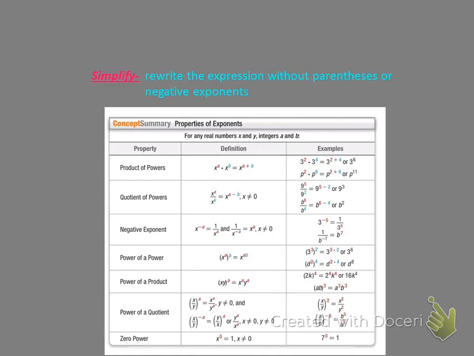If you peek ahead, the next slide has 4 more bullet points to follow, and those two are included in those bullets. So simplify technically means rewrite the expression without parentheses or negative exponents. Negative exponents, bad. Positive exponents, good. Everybody good up there?